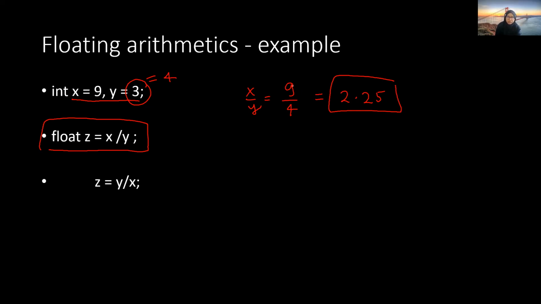These two are integers, so the decimal 0.25 will not be recognized, so this is just 2. But z is a float, so the answer is 2.00000. Basically just 2, because it takes the integer understanding.